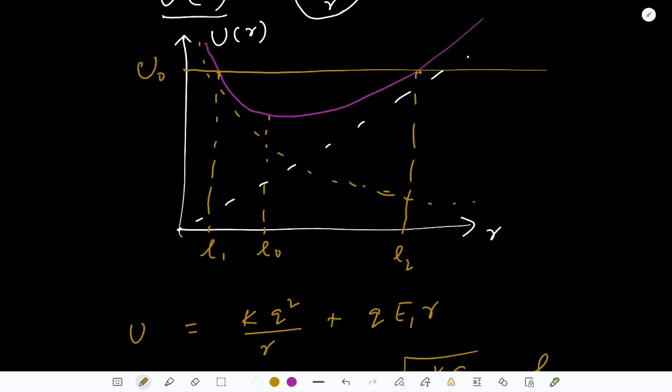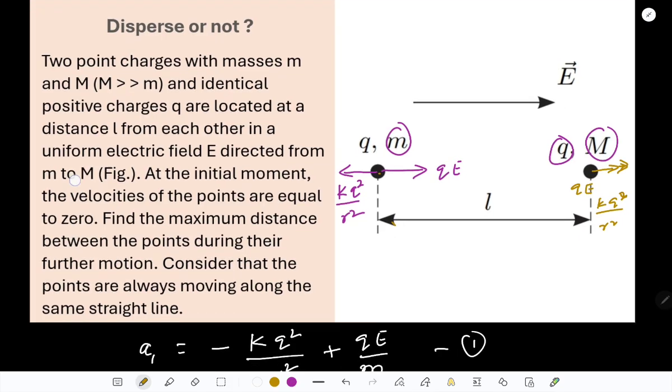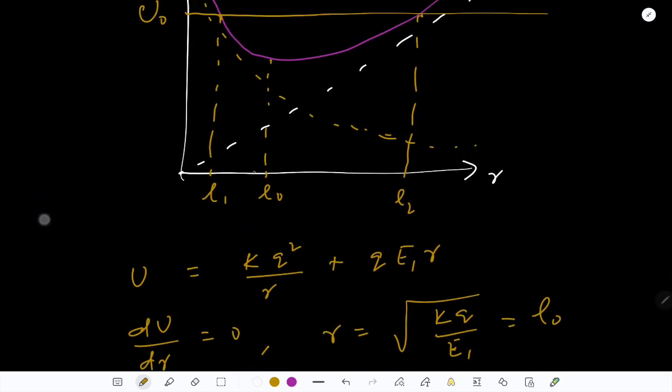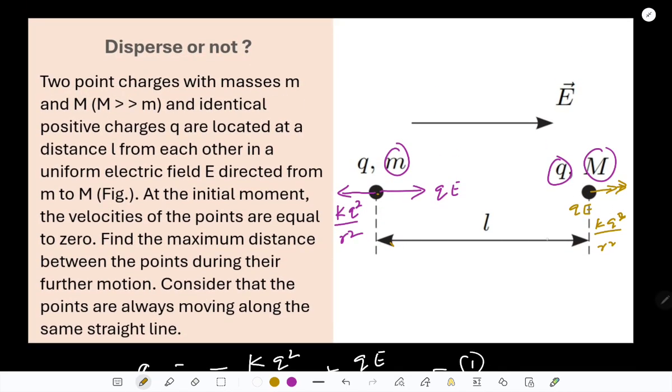That means if the initial length between the two charged particles, this L, is less than L naught, the maximum distance between the charged particles is going to be L1, which is the initial length, because the system of charges has total mechanical energy simply at the initial moment, as there was no kinetic energy present at the initial moment.